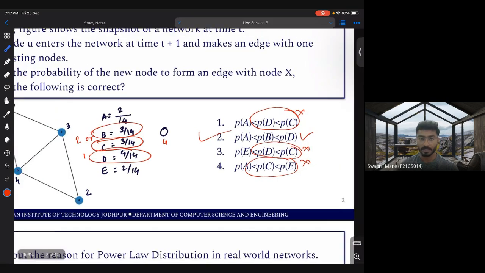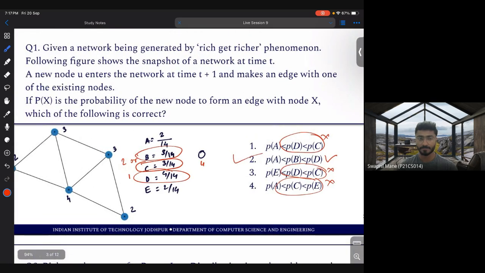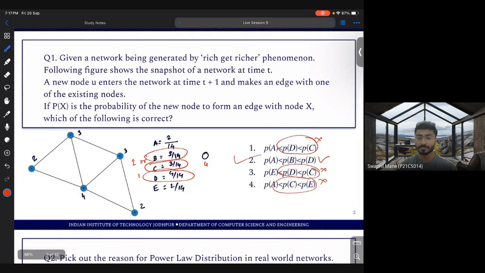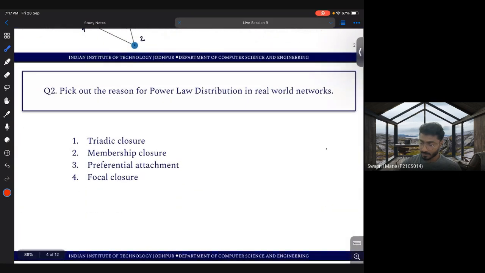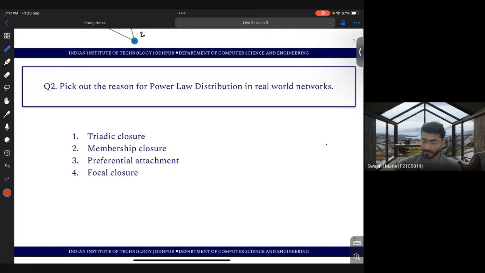I hope you understood the solution for this question. Are there any doubts? If not, we can move to the next question. This is a very simple question that we have already discussed while discussing question one.